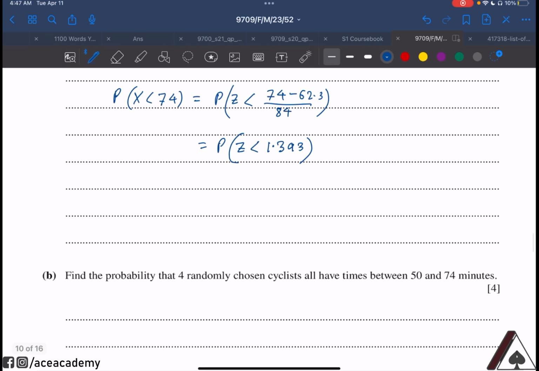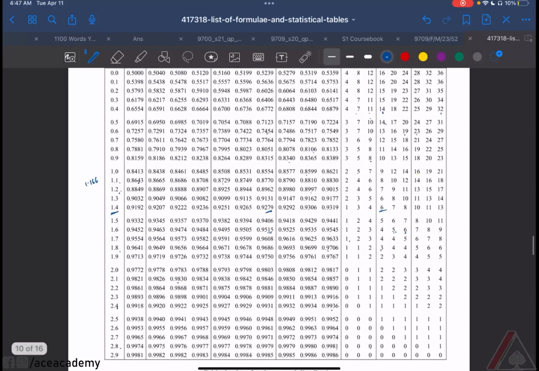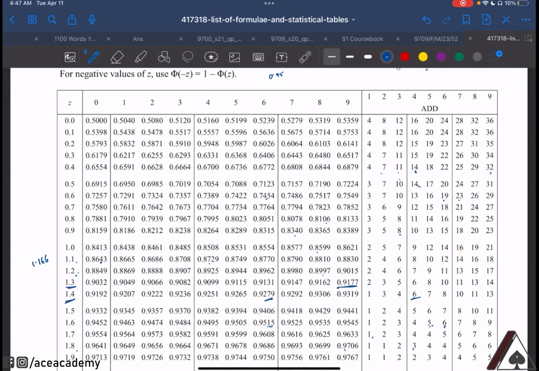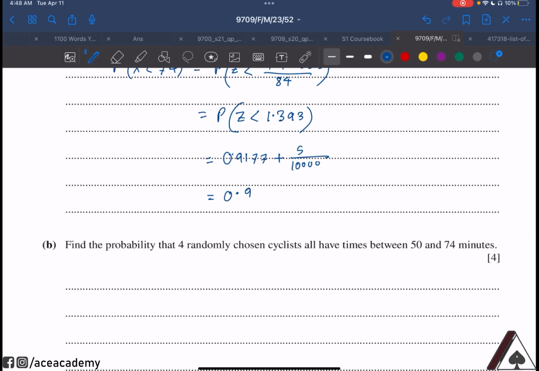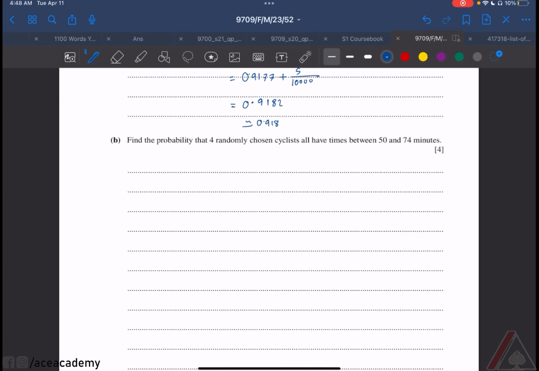So let's look at the probability distribution table. So 1.393: 1.3, then 9, then 3. 0.9177 plus 5 by 10,000, which will give us 0.9182, thus 0.918.